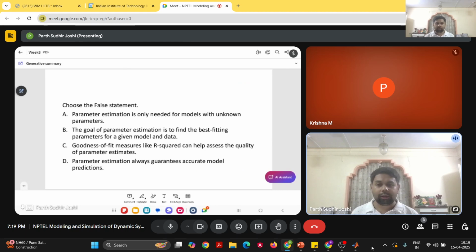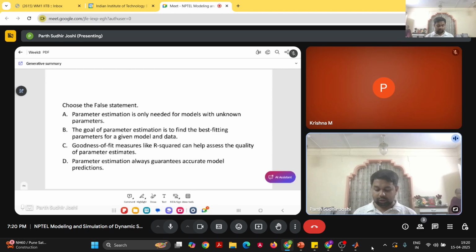Sure. So let us start with our first problem. There are certain statements given in this question. The first statement is that parameter estimation is only needed for models with unknown parameters. The goal of parameter estimation is to find the best fitting parameters for a given model and data.